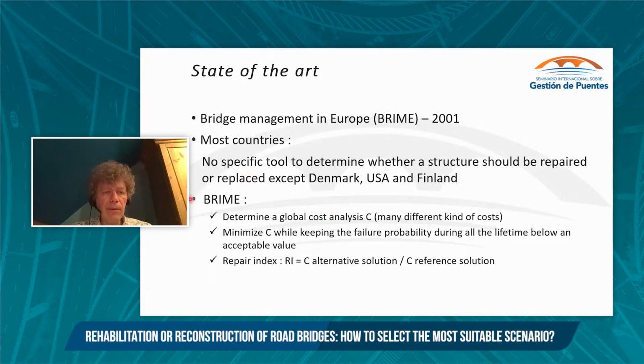And the BRIME project proposes its own strategy to make this comparison between the different options, and they propose to calculate a global cost C, which can include any cost that you want, the works, of course, but also user cost, so the cost related to the fact that people will lose some time during the congestion due to the works, for example, or also some environmental costs that you can include.